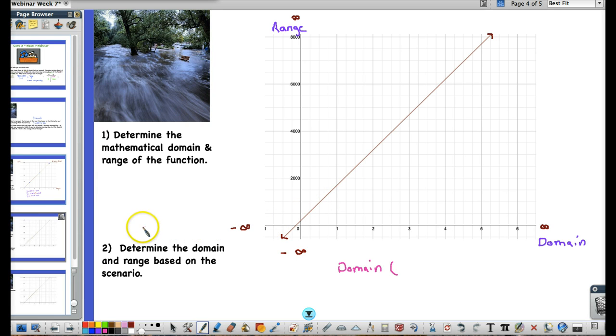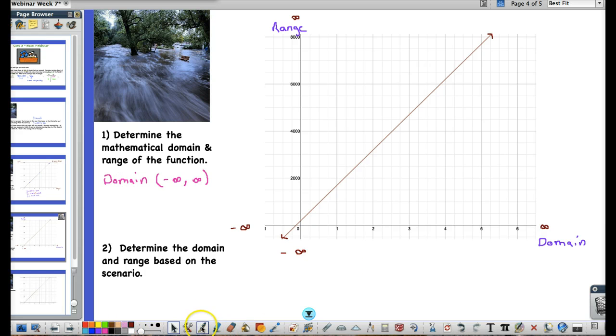It's going to go out to negative infinity, basically, because it's never going to stop, just because lines don't do that. So the domain is negative infinity to the left, and then to the right, this line is going to the right forever also. It's never going to stop. So in my domain, I'm going to have negative infinity to positive infinity. And so mathematical domain, that's what that would be.